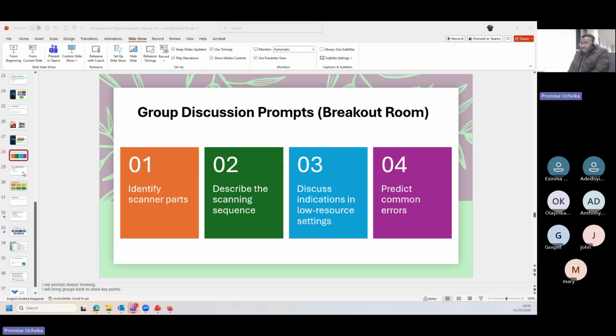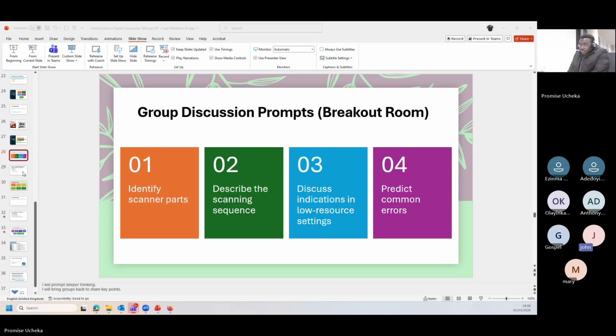Thank you for that. And do we all agree from the other rooms, or do we want to add something to that? Room 2 and room 3. So I'm in group 1. Can I add, sir? Please. In the prediction of the common errors, we can have incomplete data.